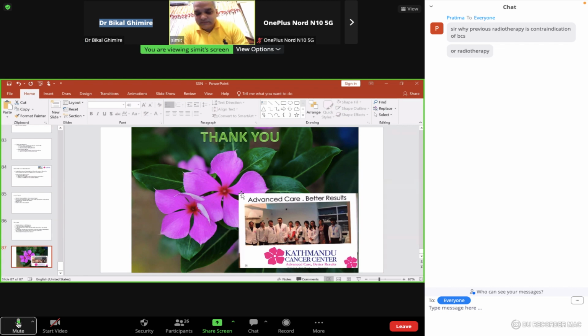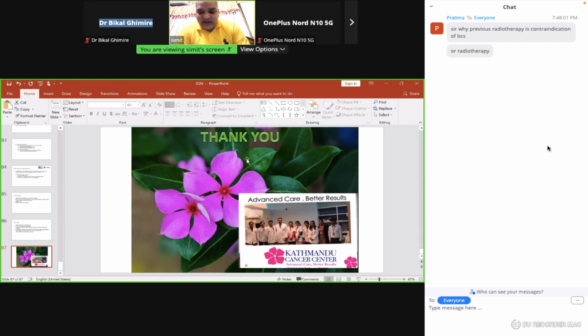We have one question. Why is previous radiotherapy a contraindication of BCS or radiotherapy? Dr. Pratima wants to ask this question. Actually, what I want to highlight is if you see the contraindications of BCS in books, even in Bailey, the ones listed are actually not contraindications of BCS, but contraindications of radiotherapy.